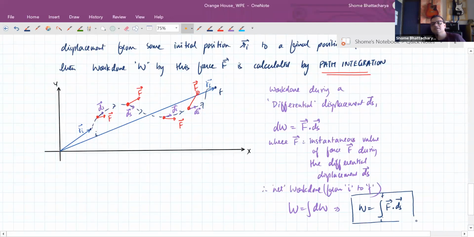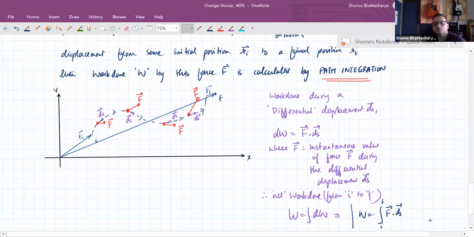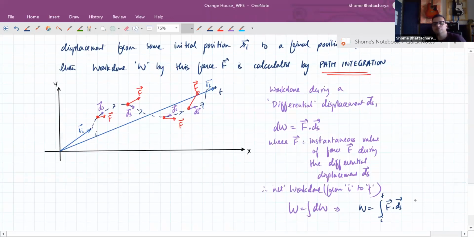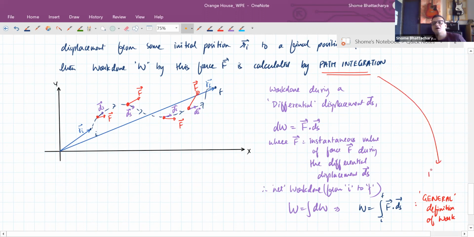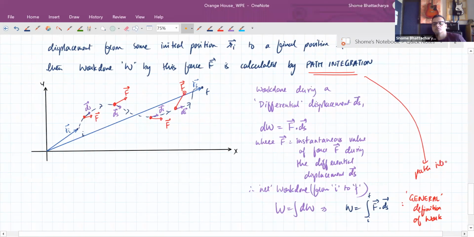So this is in fact the general definition of work done. You can say that the definition F dot s is a special case of this definition when F is constant. So this is in fact the more general definition of work: that work is the path integration of force.